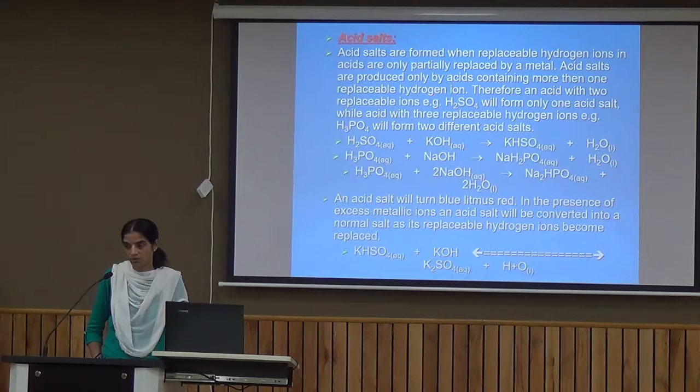Out of two, only one is replaced by a metal ion, that is K. So we have the product KHSO4. Hydrogen is still there in the salt. So this is partial replacement of hydrogen from the acid. And that is why we have the formation of potassium hydrogen sulfate, which is actually an acid salt. So all the hydrogen ions which are present are not replaced.